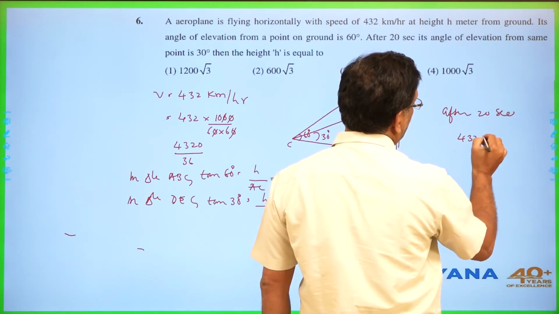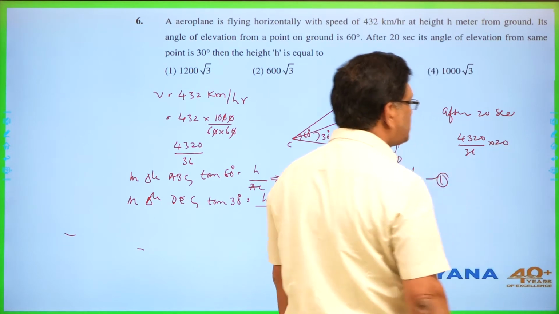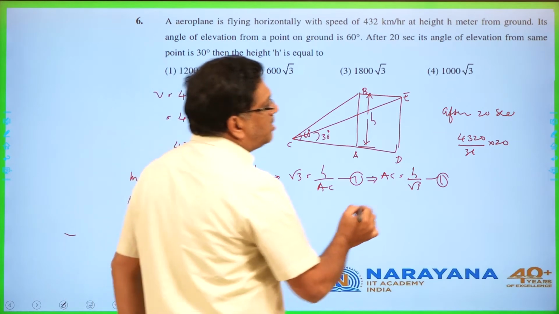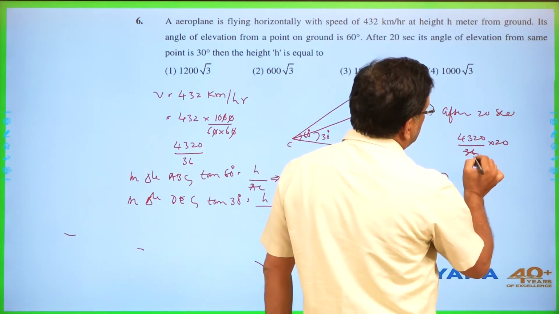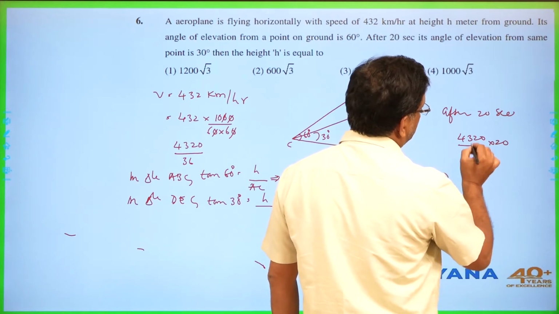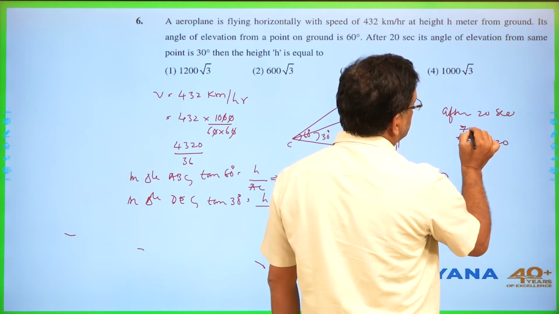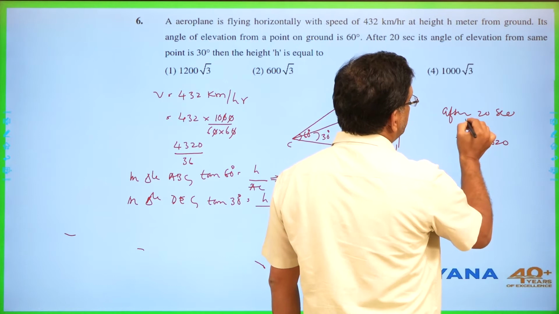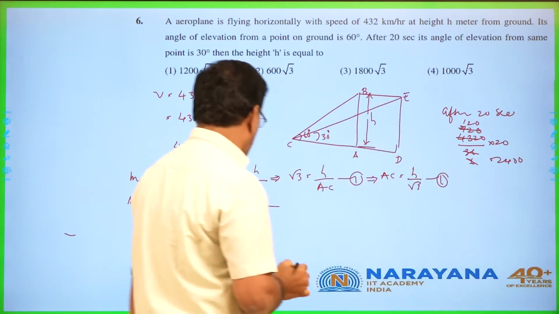It is 4320 by 36 per second into 20. If you do it, you will get that value, right? With the 6 we can cancel. 120 means 2400. Fine.